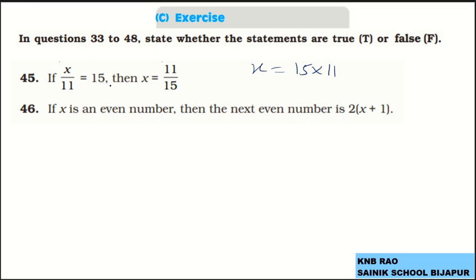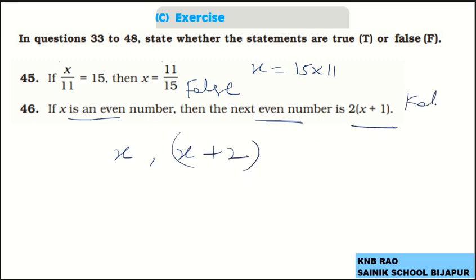If it comes to the other side, it becomes a multiplicand. So it is false. 46th question. If x is an even number, then the next even number is supposed to be x plus 2. He says otherwise, so it is false.